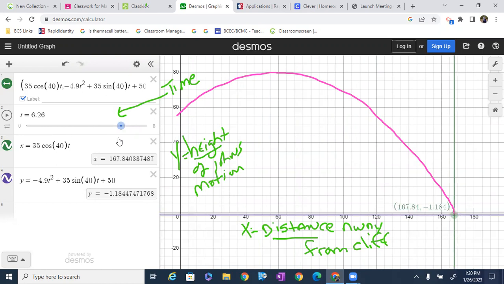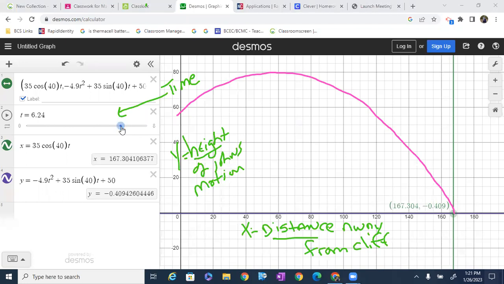Okay, we can just keep going closer and closer and closer. But the problem is we're only making approximations at this point. It looks like he lands somewhere around 167 feet away. So maybe 167 feet away.